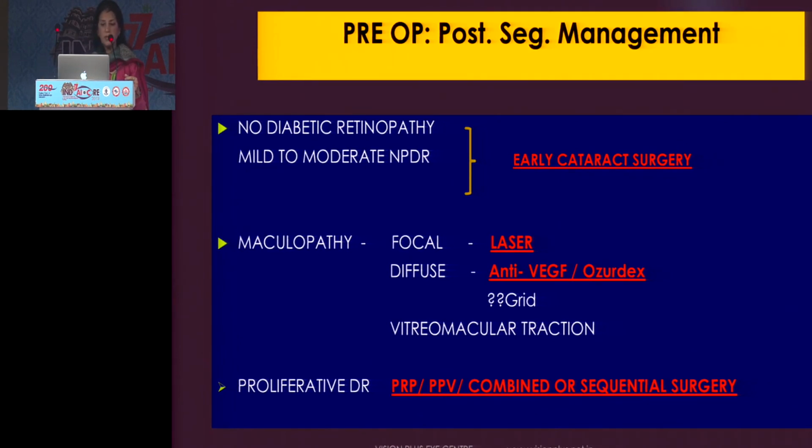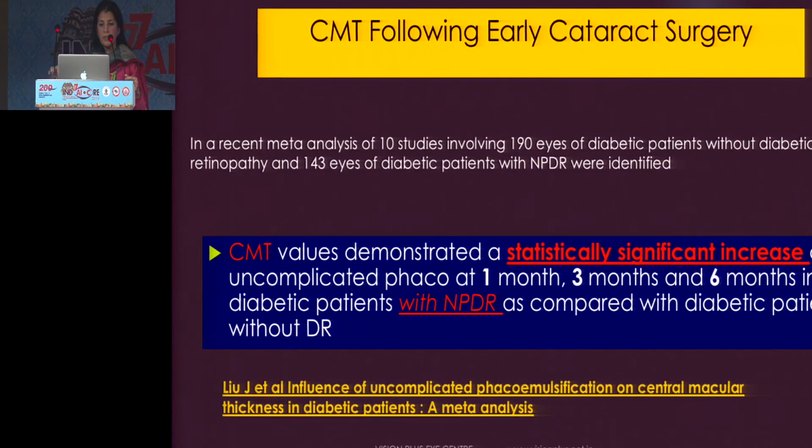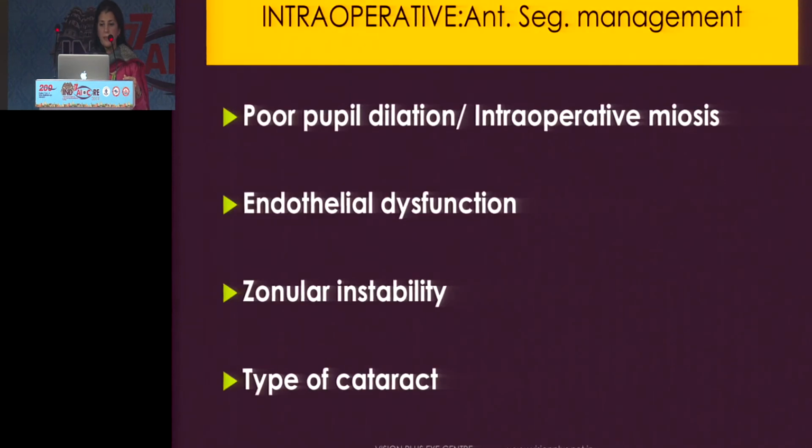And in cases of PDR, you may be planning a combined or a sequential surgery. It's also been seen that following even an uneventful phaco, the central macular thickness does tend to increase. So all the more reason to stabilize the posterior segment prior to taking up the patients for cataract.